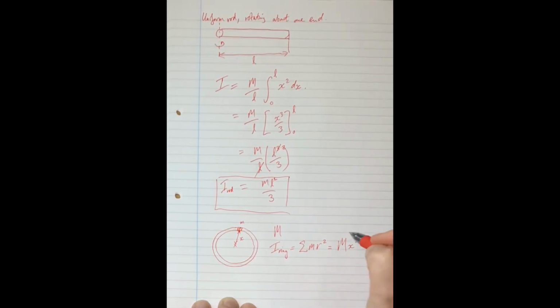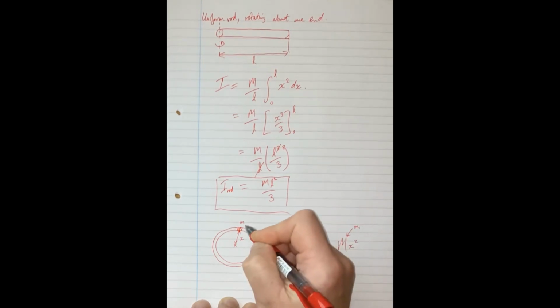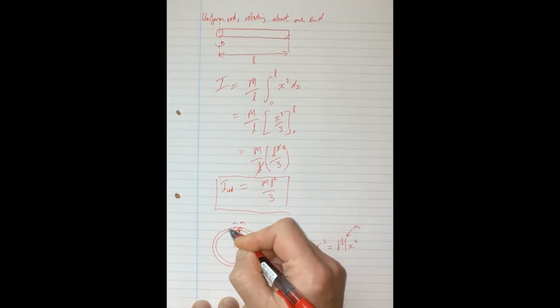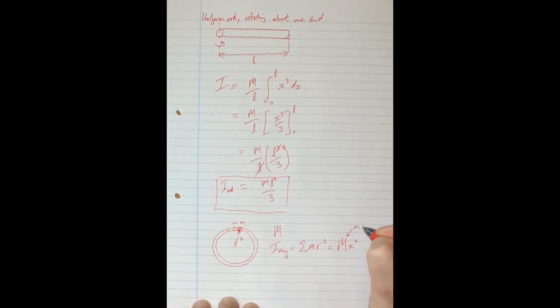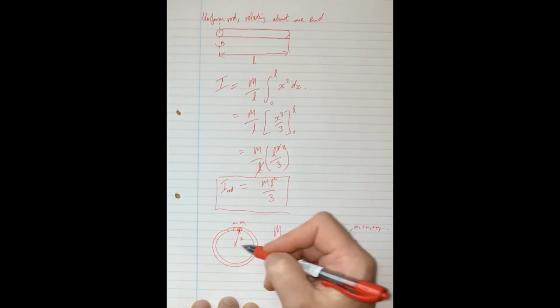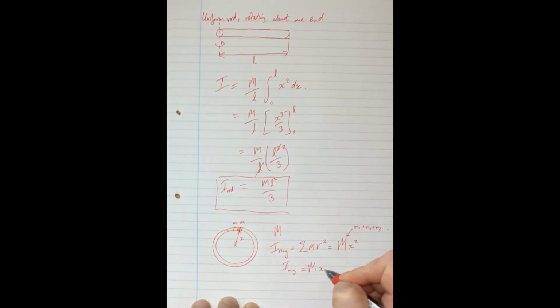If this was m1, then we've got m2, m3, m4, m5, all the way around. If you add all these up, however many you break it up into, you just get the total mass m of the ring. So the moment of inertia for a ring is just the mass of the ring times x squared. We could say the radius squared, but I'll leave it as x squared.